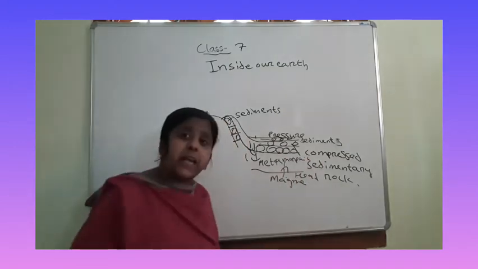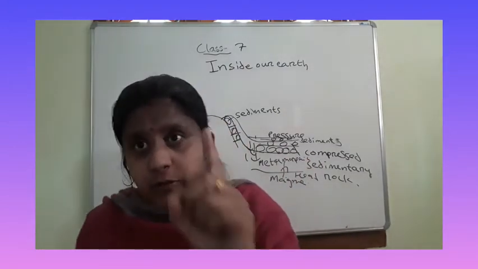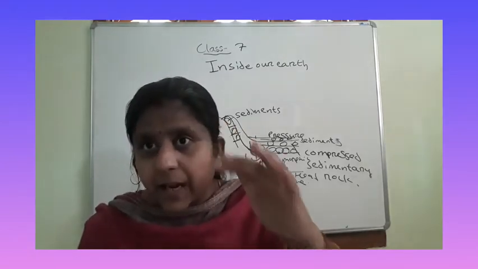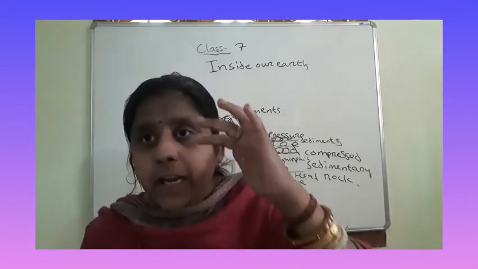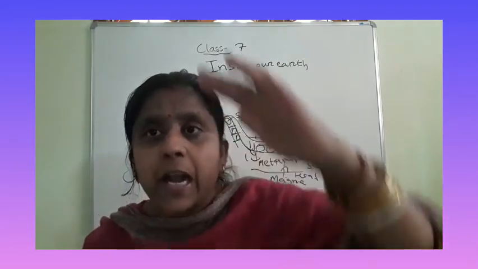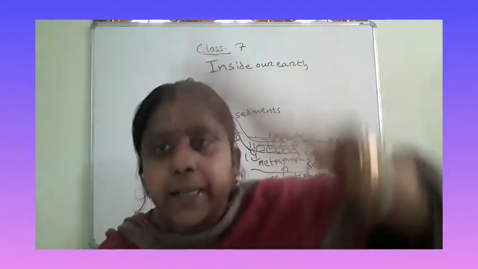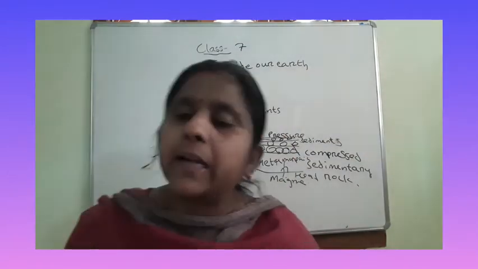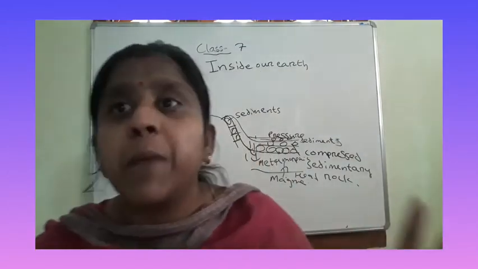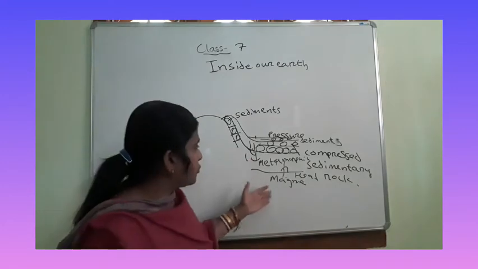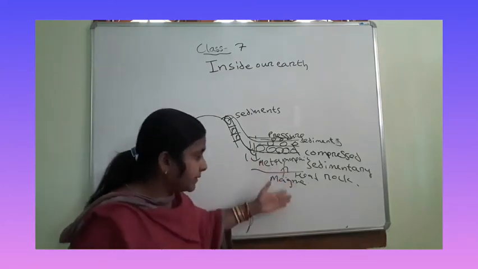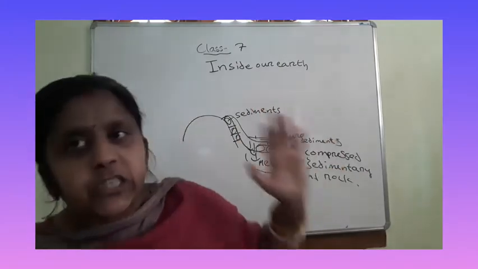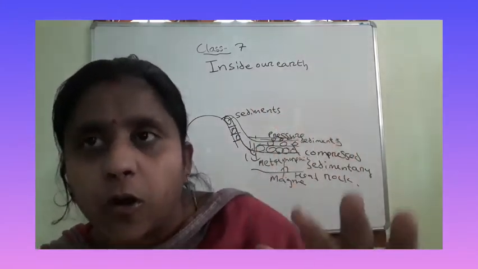Intrusive igneous rock, which is formed inside the earth's surface, is also compressed more and more and changes into metamorphic rock. Understood? Due to the heat applied by the magma and the pressure applied by the sedimentary rock, it changes into metamorphic rock.